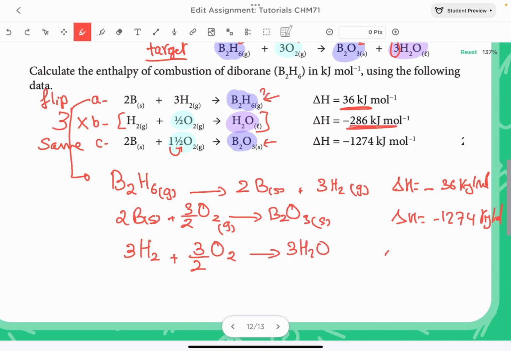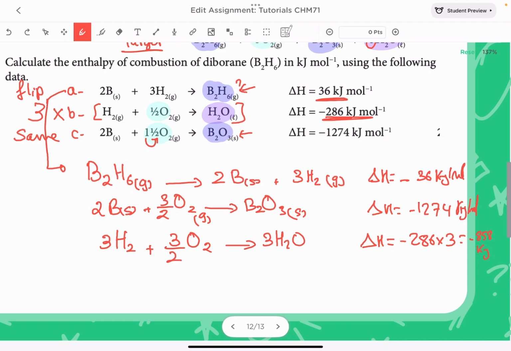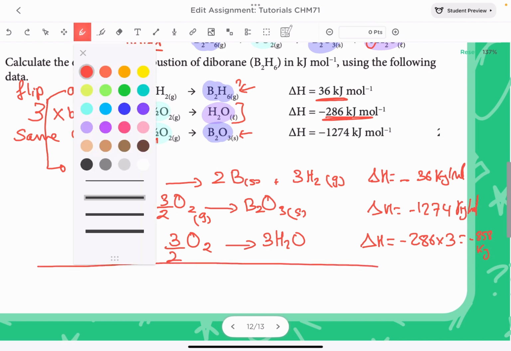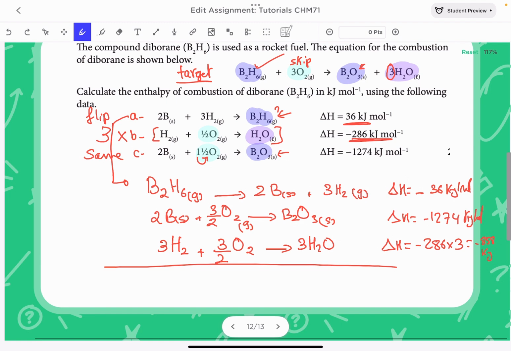And for this one, again, you're going to multiply it by 3. So upon multiplying it by 3, you will get negative 858 kilojoules.